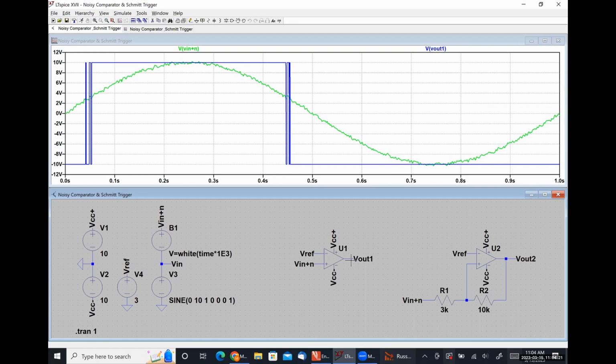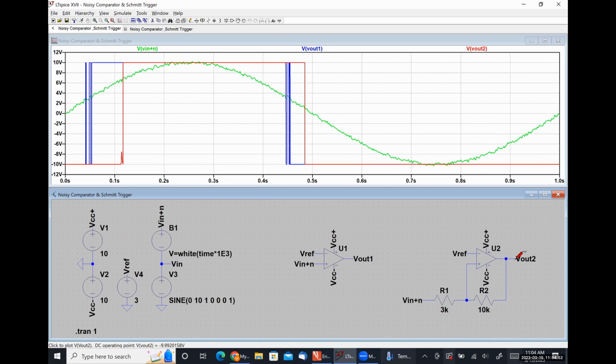Over here on the very right-hand side, I have what's called a Schmitt trigger circuit. And the Schmitt trigger circuit uses positive feedback to generate some latching. So if I look at my output signal for my Schmitt trigger, this Vout2, I see that I have a smooth transition from low to high, and then a smooth transition from high to low, but my reference values are a little different, right?